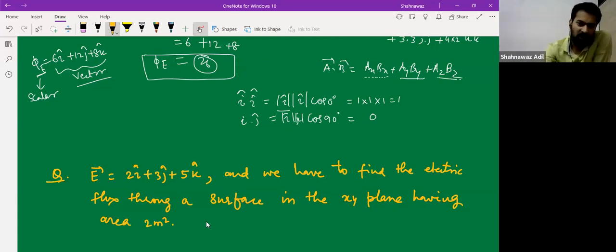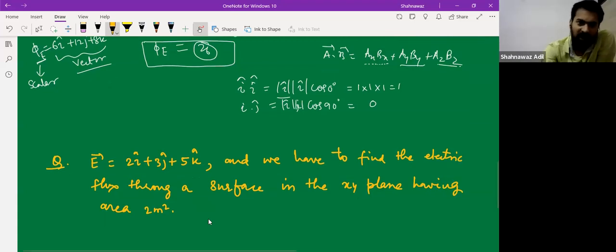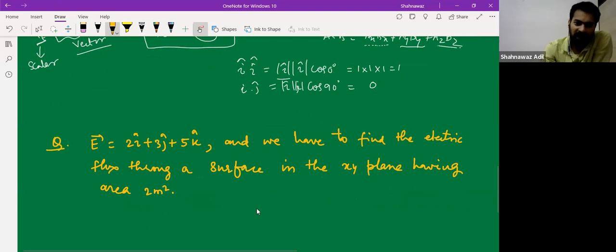So now you have to calculate phi, and to calculate phi you need the electric field and the surface area vector, right?